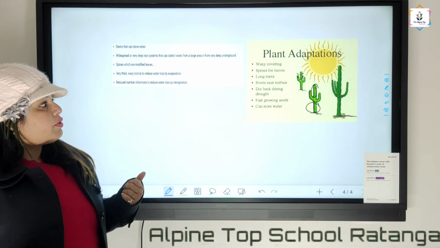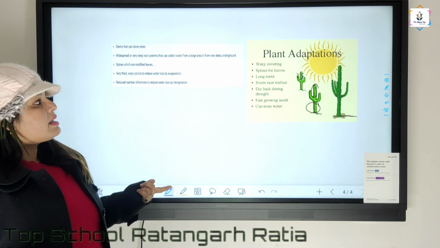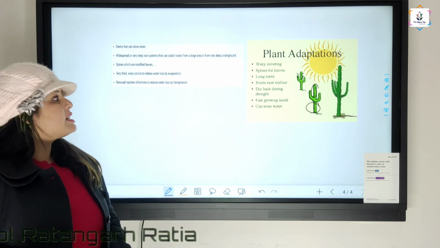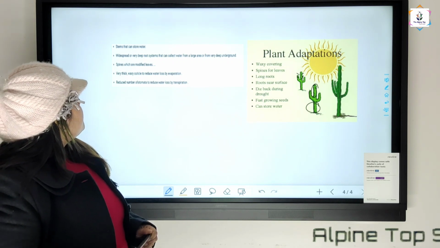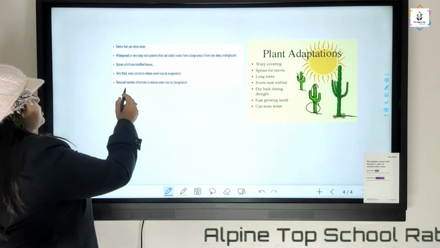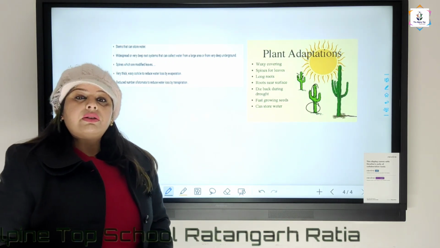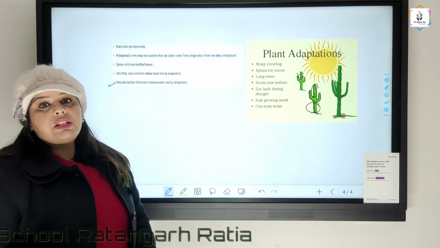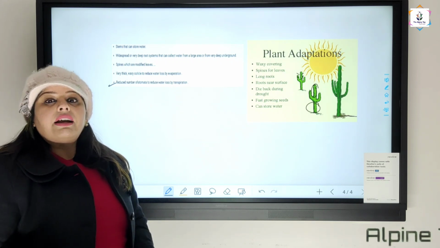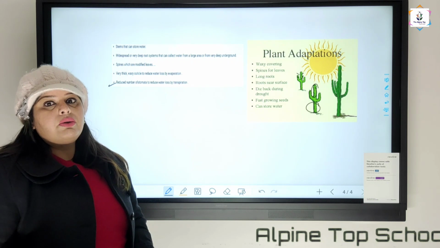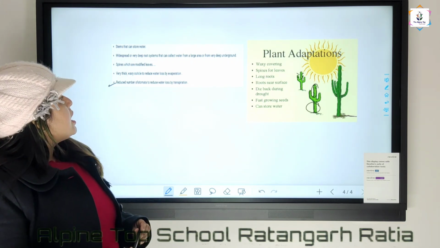They have a thick watery stem, with a waxy coating on the stem. Their leaves are modified into spines, and they have a reduced number of stomata to reduce the water loss by transpiration. The number of stomata is very less, so that there will be less transpiration, and if less transpiration is there, as you know, there will be less water loss from the plant.